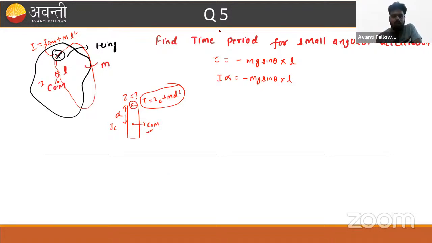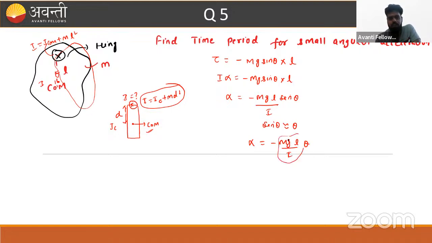So how can we write here, beta? Alpha is nothing but minus mgL sin theta divided by I, and for small displacement sin theta can be written as theta. So our alpha equals mgL upon I times theta, and we know that this term is nothing but omega square.